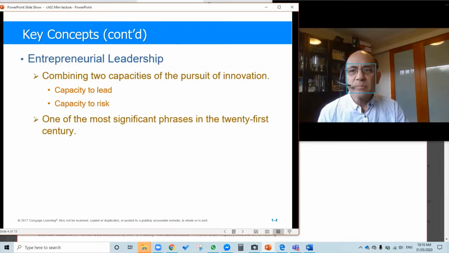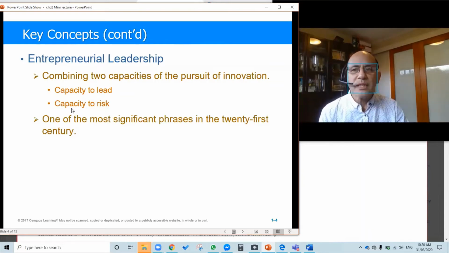Entrepreneurial leadership means it combines 2 capacities in the pursuit of innovation. In other words, entrepreneurs basically have strong leadership qualities, the capacity to lead not just other people, but to lead themselves as well, to motivate themselves. And entrepreneurs also have a capacity to take risks.